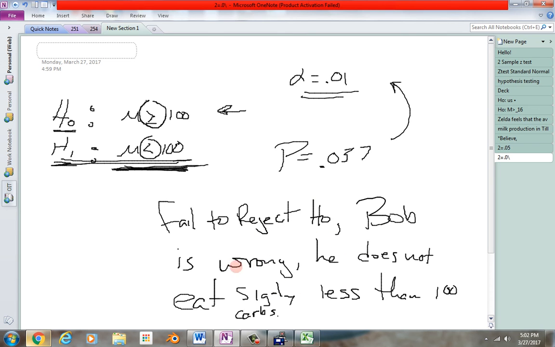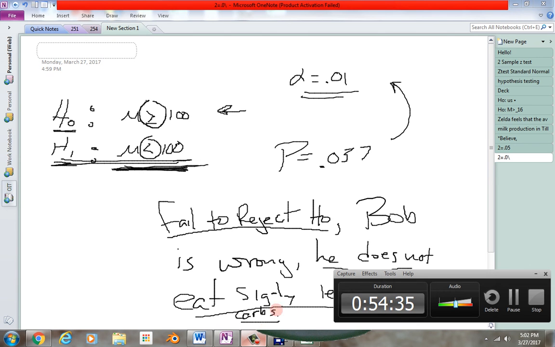And again, it can be worded a whole bunch of different ways, but I'm looking for this piece, and I'm looking for this piece right here. Now, whether you throw Bob under the bus and say that Bob's an idiot or Bob's wrong is neither here nor there to me. Okay? But this is a big deal. I want this first part and this last part. But you can put a whole bunch of other stuff in the middle of that. Anyway, if you get stuck on these, for God's sake, send me an email. We'll work them out with you.